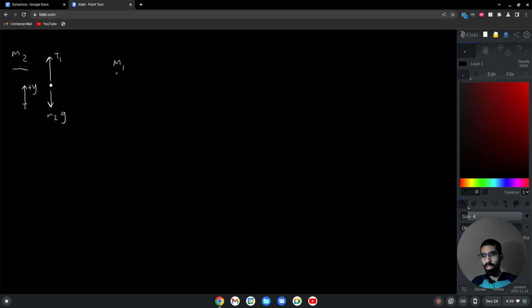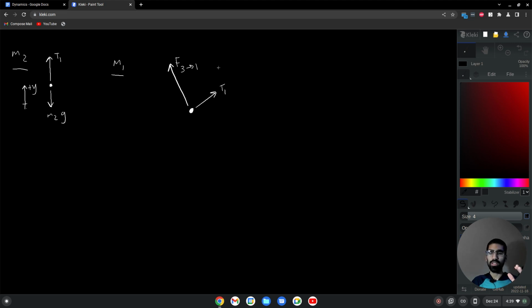Let's move on to mass 1, which is the mass on top of the ramp. So here you have a normal force that's exerted by the ramp, which is mass 3, onto this mass, which is mass 1. You also have the tension T1 that is pulling the mass up.